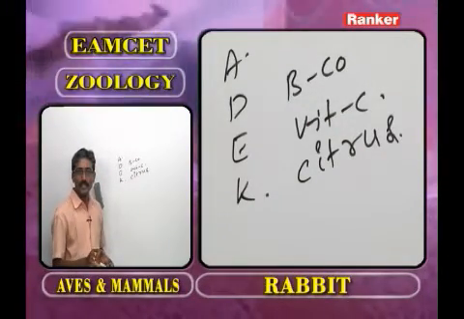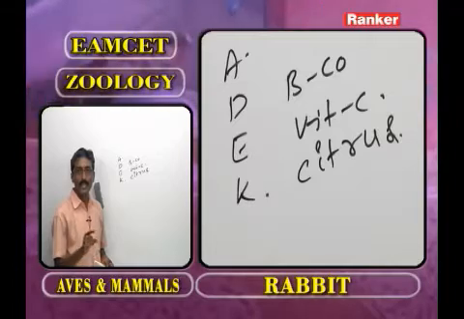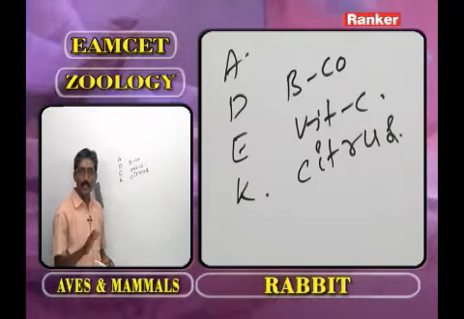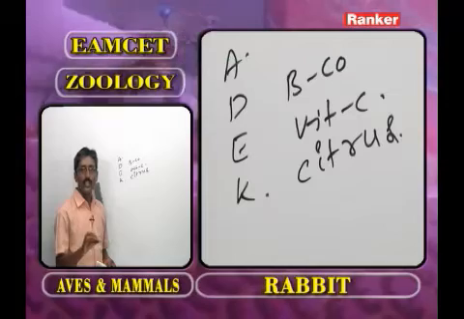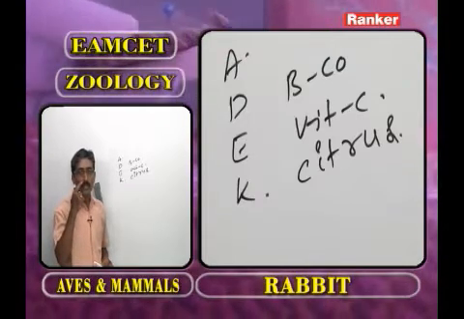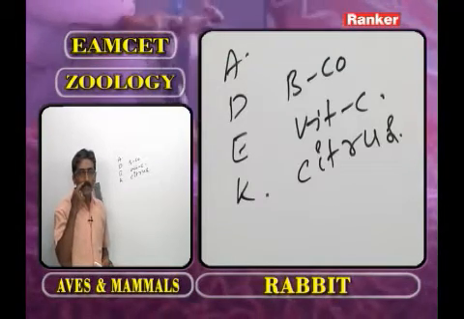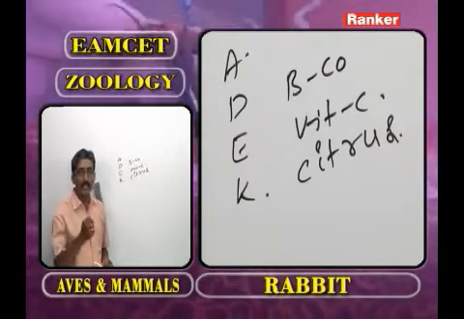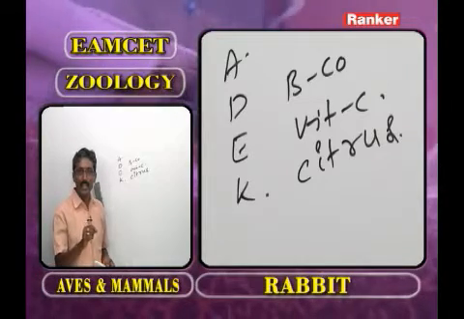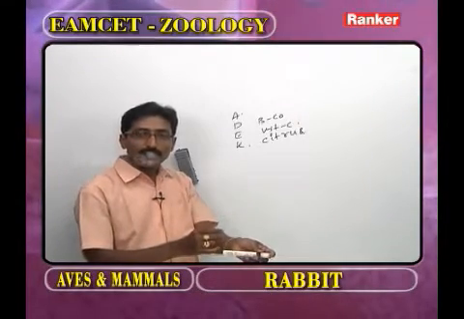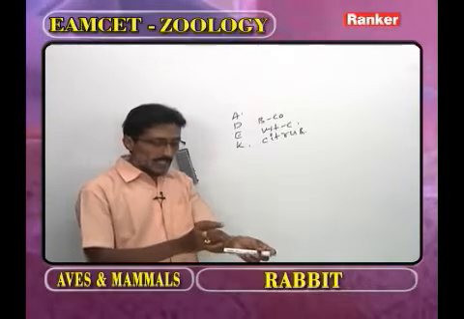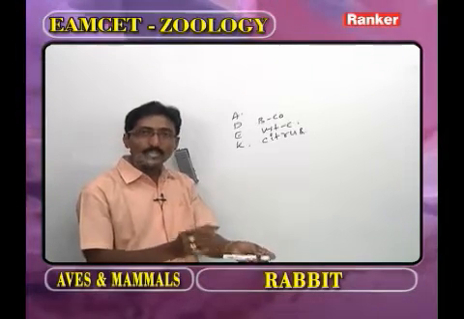Vitamin C is also called ascorbic acid. Suppose vitamin C is absent in our body, what is going to happen? From the gums we get bleeding and hemorrhage. Easily the skin ruptures, that is called hemorrhage. The hemorrhage leads to bleeding.